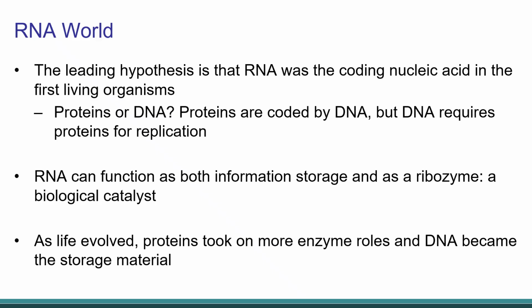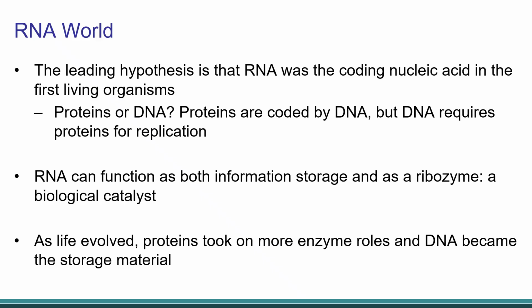And so because RNA can do some of the things that DNA does, but also do some of the things that proteins do, it's thought that it was the sort of original molecule that became a self-replicating molecule through the process of chemical selection and then became a coding and replicating molecule. And then eventually DNA would have taken its place because DNA molecules are a bit more stable.